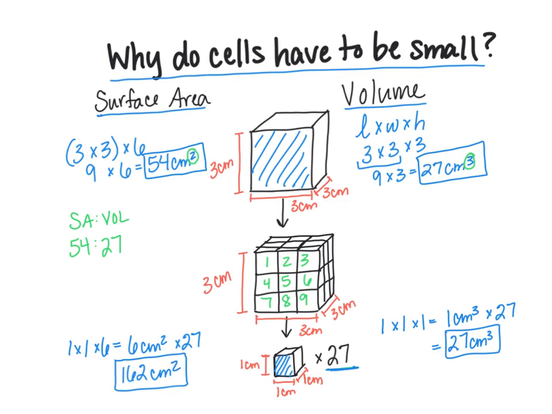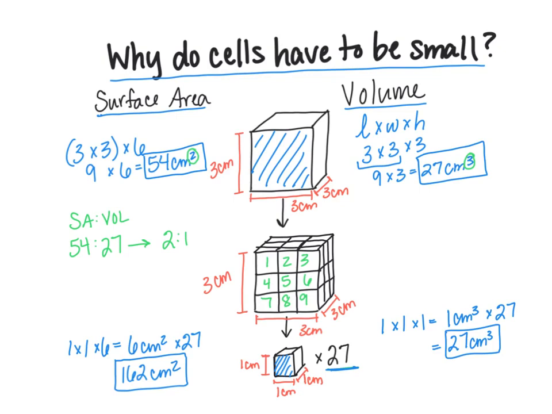Now we can reduce this ratio kind of like we're reducing a fraction. And so 27 goes into 54 two times, so we can reduce this to a 2-to-1 ratio. And what this means is that for every 1 unit of volume, we have 2 units of surface area.